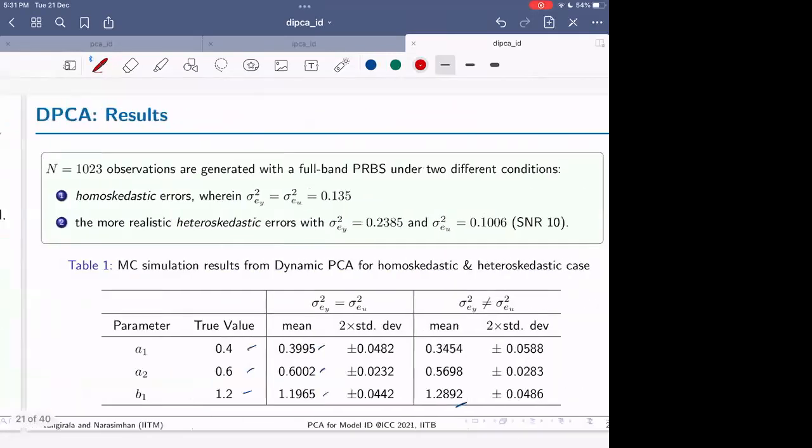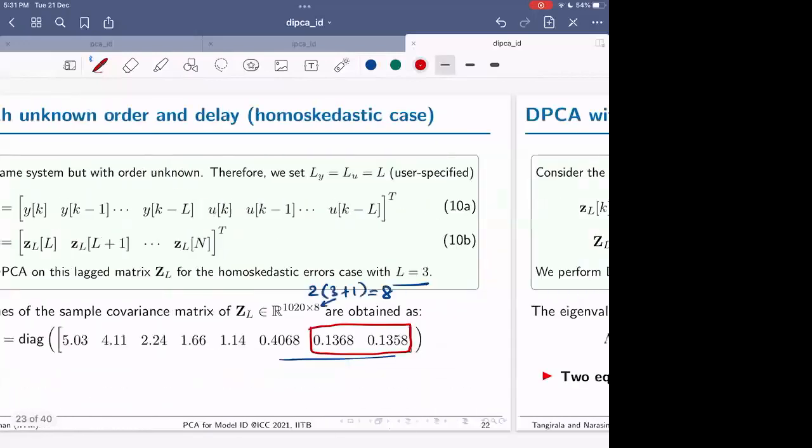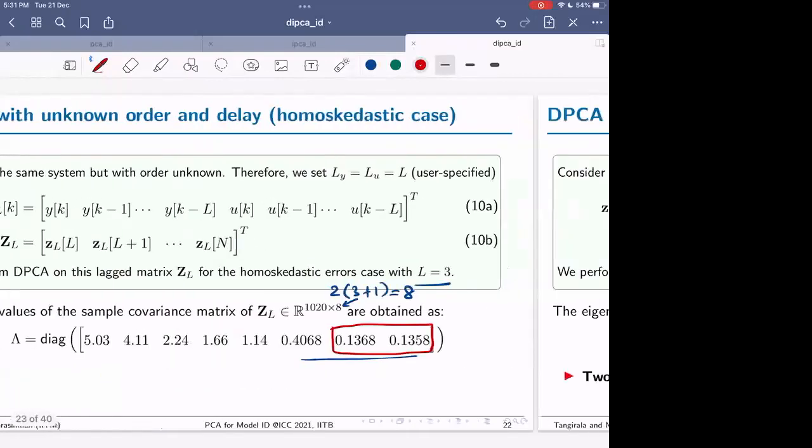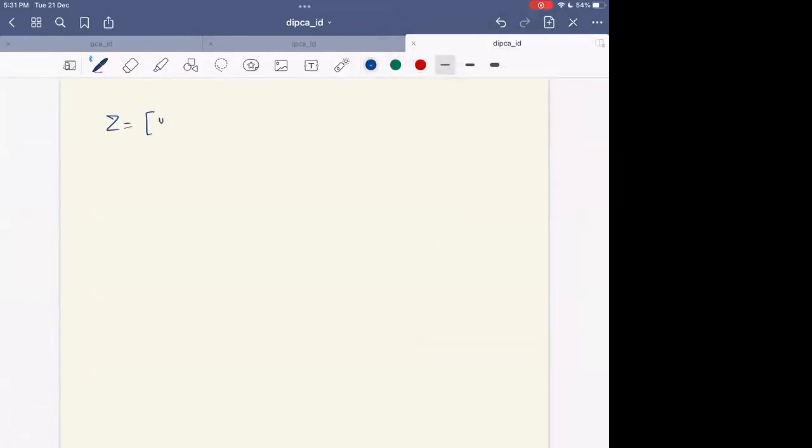Let me probably write this down. So you have now Z as YK. So you have ZK as YK minus 1, YK minus 2, and you have YK minus 3 because L equals 3. And you also have UK minus 1, and then for want of space, I'll write it here, UK minus 3.